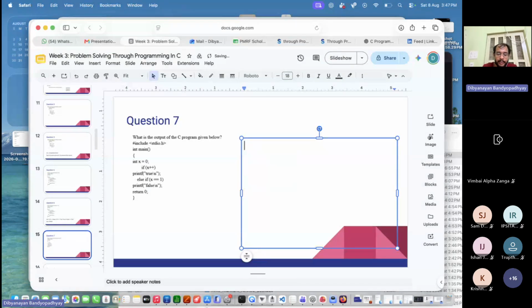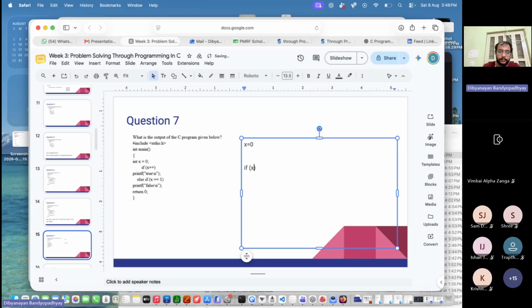So the value of x in the first step is basically 0, correct? And then there is another statement, which is basically if x plus plus. So what does it do? It sees that x is written like that, with a post increment operator. So it does not directly increment the value of x. It just evaluates this like this.